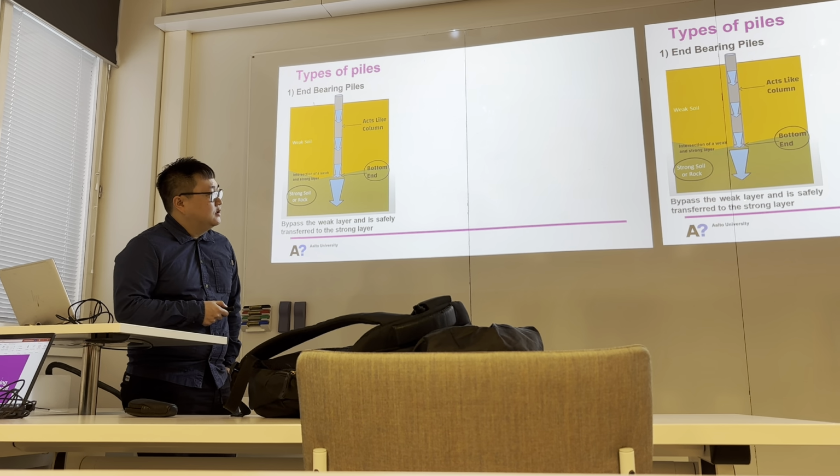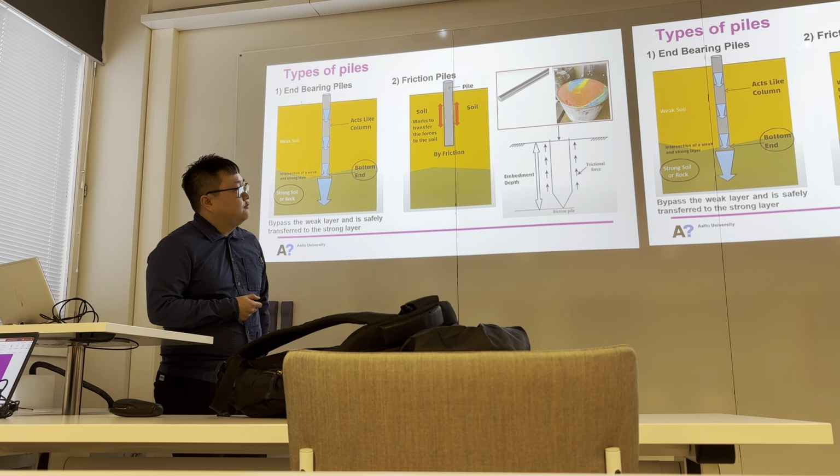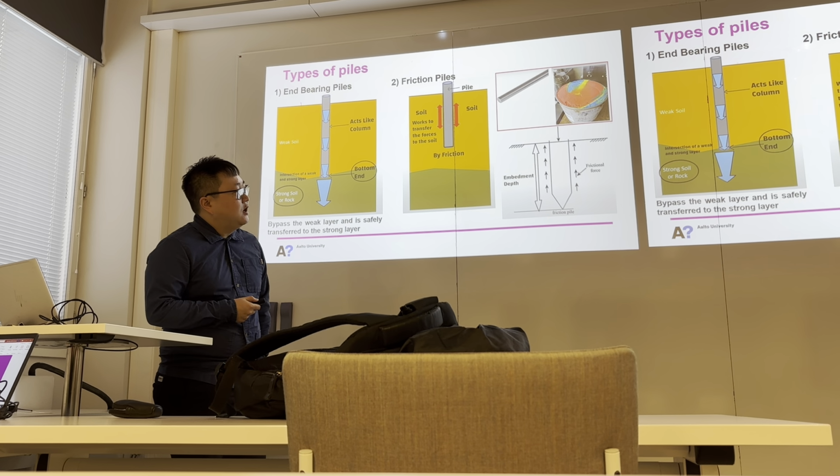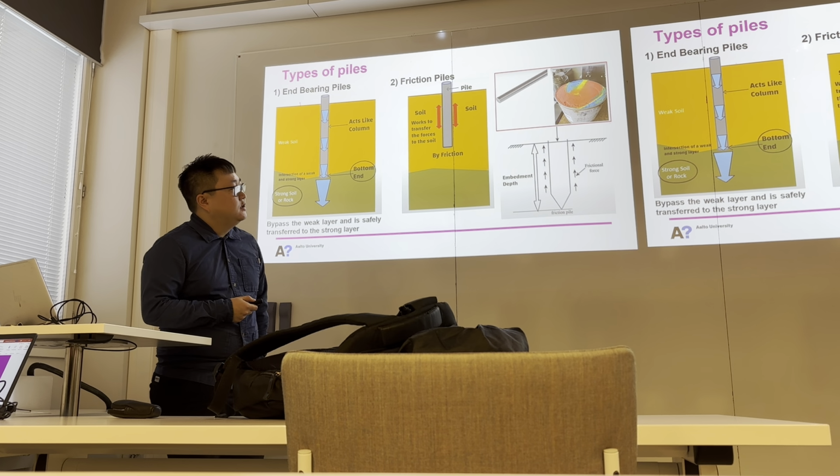Another common type of pile is the friction pile. The friction pile works on different principles. The pile transfers the load to the soil directly and across the full surface of the pile by friction.